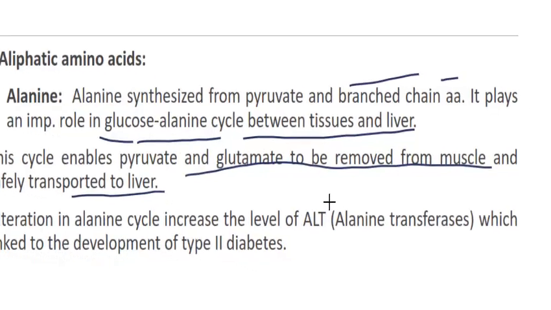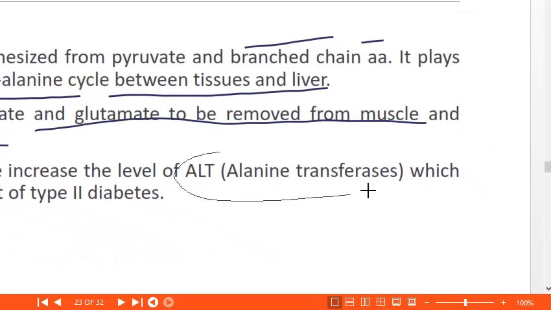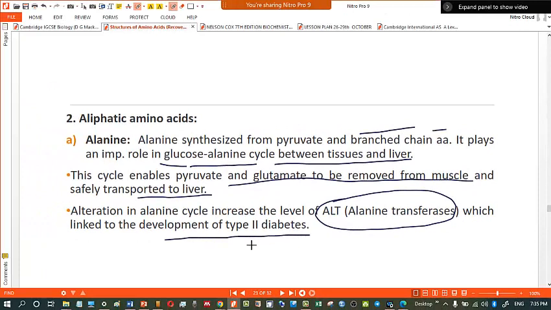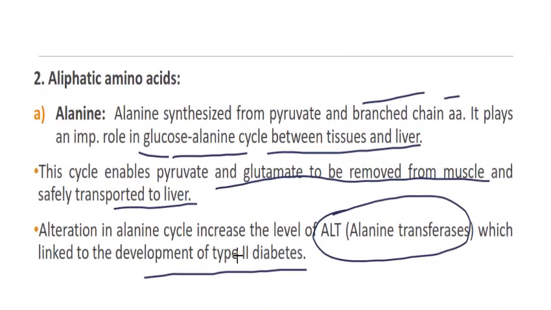Nowadays, maximum people are developing type 2 diabetes because of alteration in the alanine cycle and a high level of ALT. Got the point? Is it clear or not?